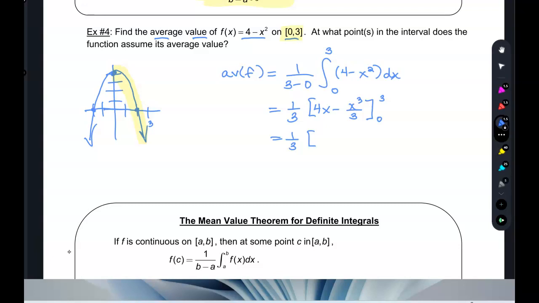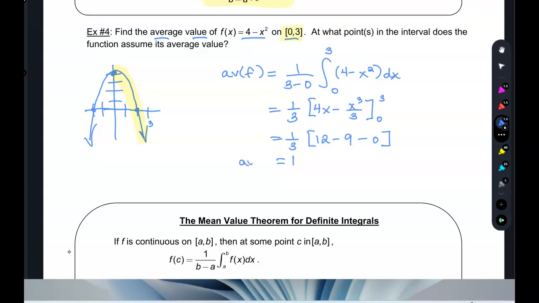That'll be 4 times 3, which gives us 12, minus 27 over 3, which is 9, minus 0. So that will give us 1.